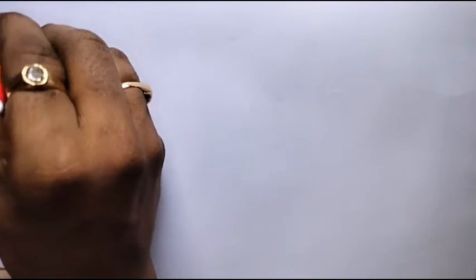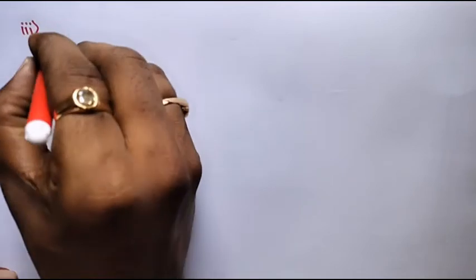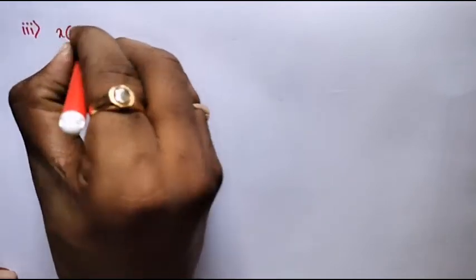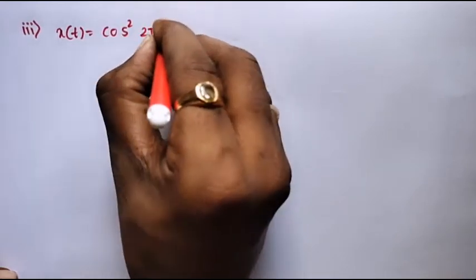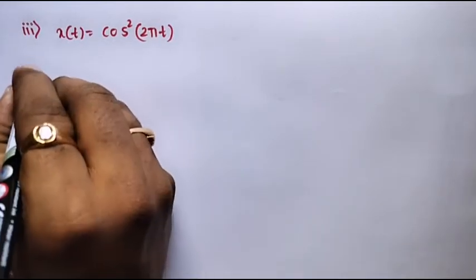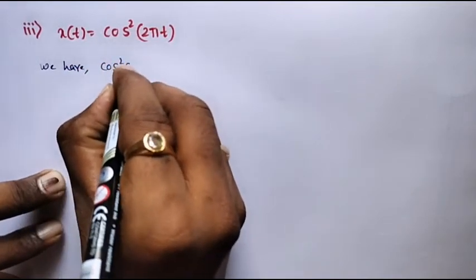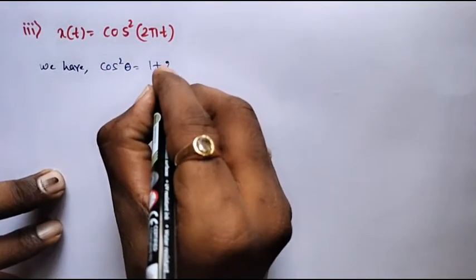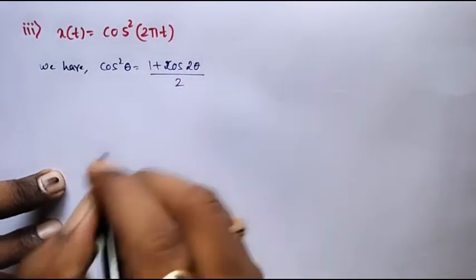Now consider another example. x of t is equal to cos square 2 pi t. We'll try to simplify this first. We know that cos square theta is equal to 1 plus cos 2 theta divided by 2.